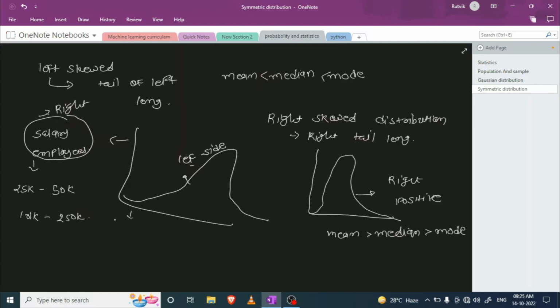In the left skewed distribution, we take as an example dead people, talking about natural death.